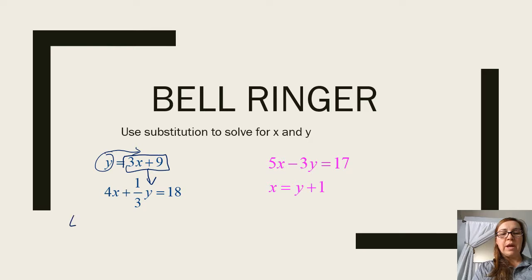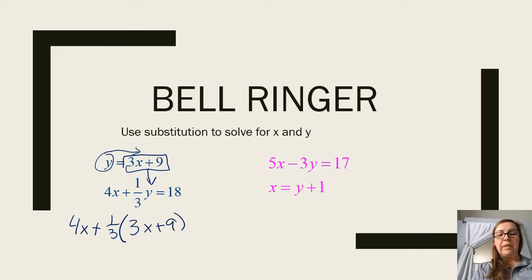So I have 4x plus 1/3 times the entire quantity, 3x plus 9, and that is equal to 18. So now we're going to just follow order of operations and solve our equation. We're going to distribute here, and we get 4x plus x plus 3, because 1/3 of 3 is 1 and 1/3 of 9 is 3.